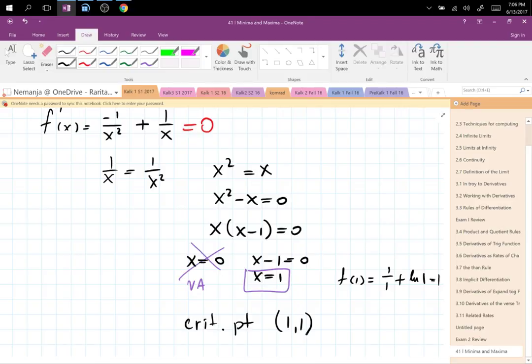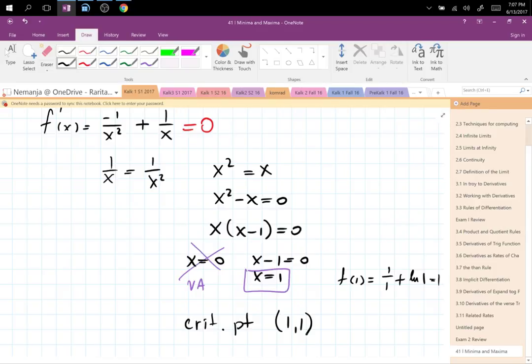We don't have the tools yet. We will have them next class when we learn more calculus, tools where we don't have to do those annoying calculations. For right now, we have to compute 0.9 and 1.1, let's say. If the y values are both bigger than 1, then that's a minimum.